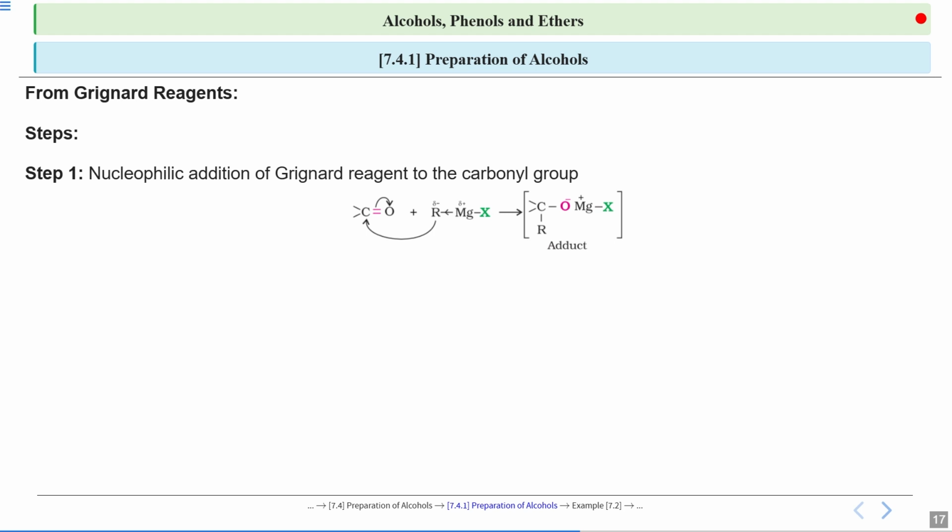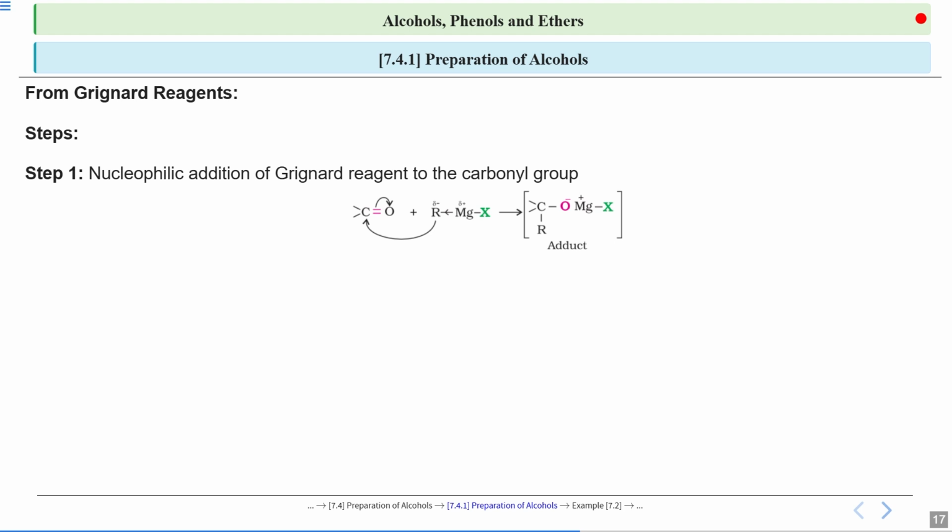What will happen when they react with RMgX? The bond between R and magnesium is polar, due to which there is a partial negative and positive charge over R and magnesium. R is an alkyl group, so it will also show its effect and gets a partial negative charge. Now what will happen?